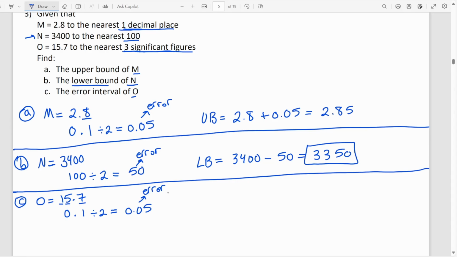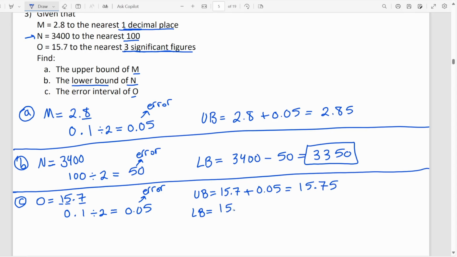Okay. Now I want my error interval. The error interval will be basically between the upper bound and the lower bound. So let's find those, upper bound and lower bound. The upper bound is going to be 15.7 plus 0.05, which gives us 15.75.